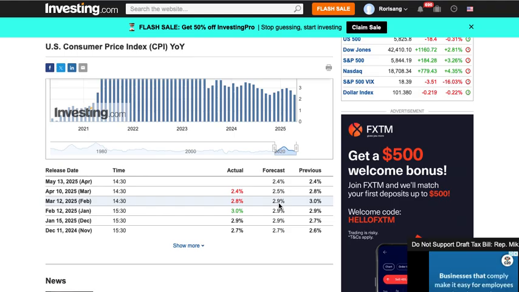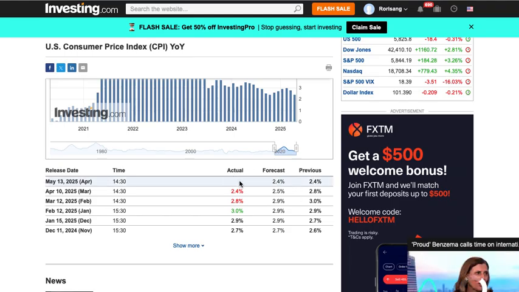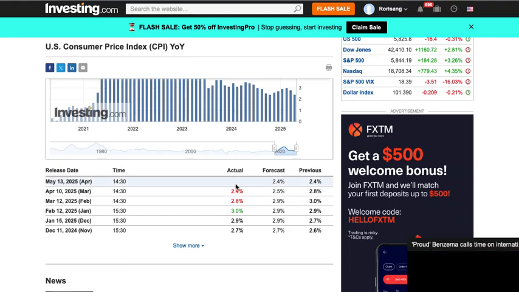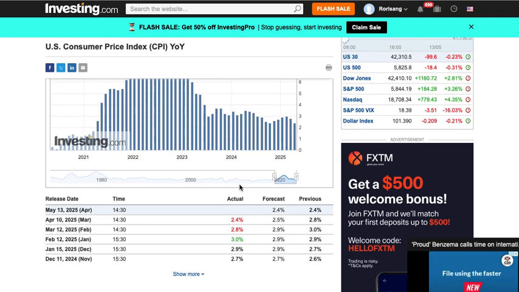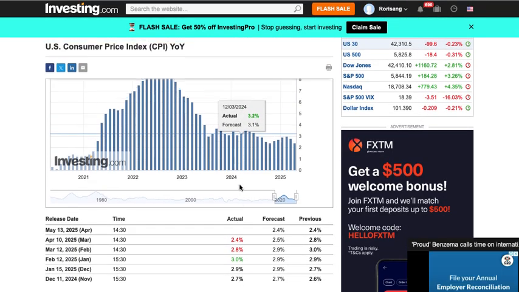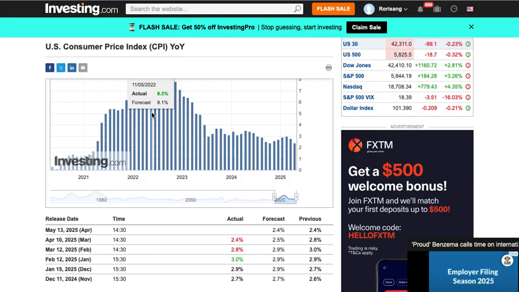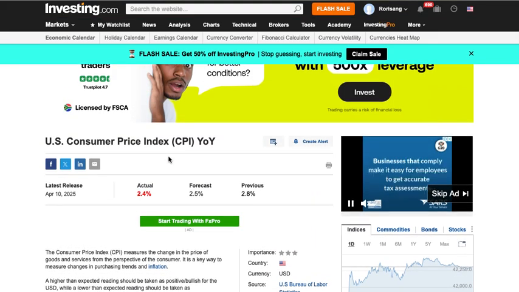But according to the way I see, from 3.0 to 2.8, from 2.8 to 2.4, 2.4, 2.4, it might be higher than our reading. So I'm trying to come out with this one because the forecast is equal to previous, but that does not change our direction of selling.